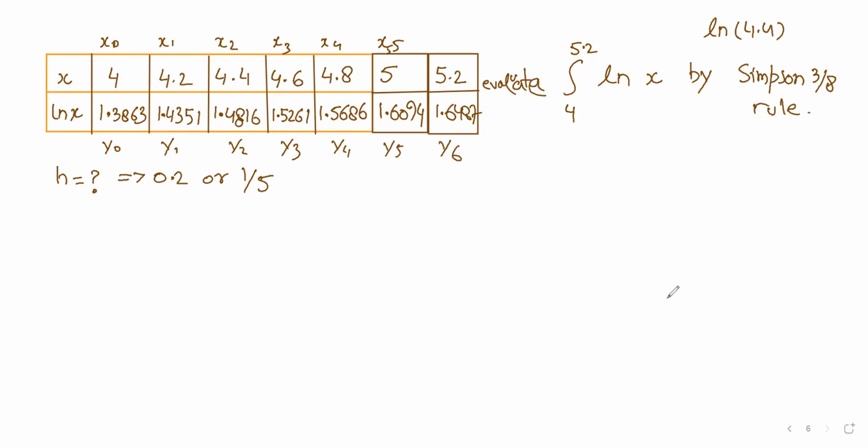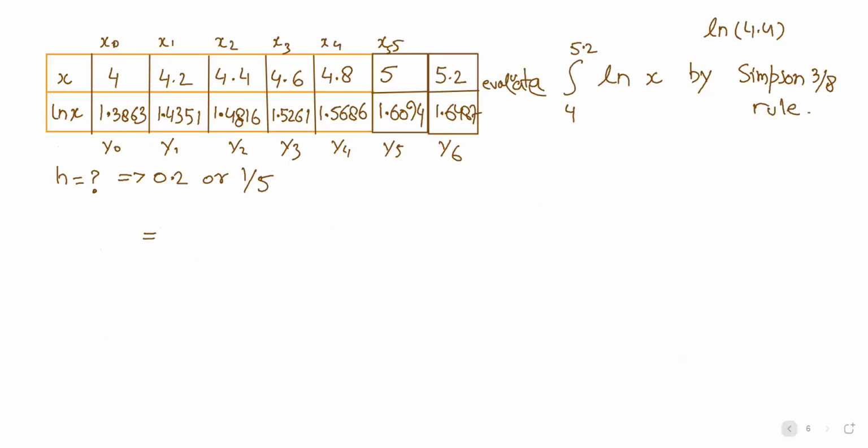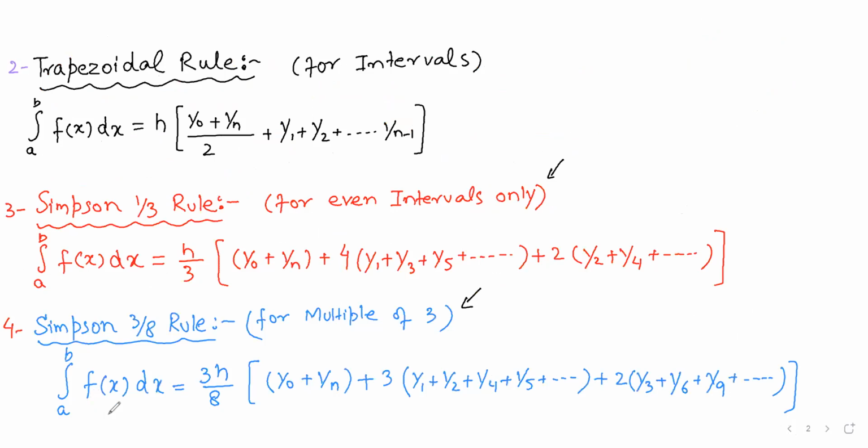We already have these values, right? So simple. Now we don't need to calculate the values, and then we will put the formula. And the formula is given by Simpson 3/8 rule: 3h by 8.